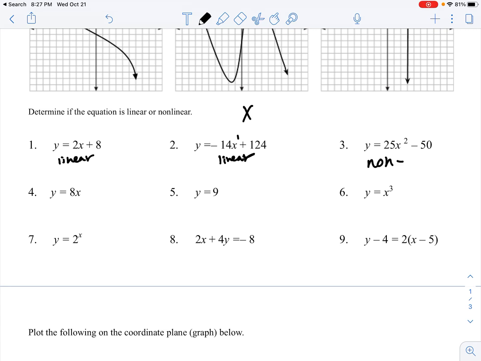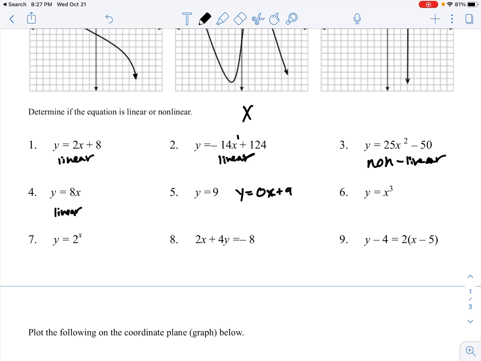This one's got x to the second power. That means it's nonlinear. This next one has x to the first power. That's linear. This one here doesn't really have an x, but I could rewrite this if I wanted to as y equals 0x plus 9, right?